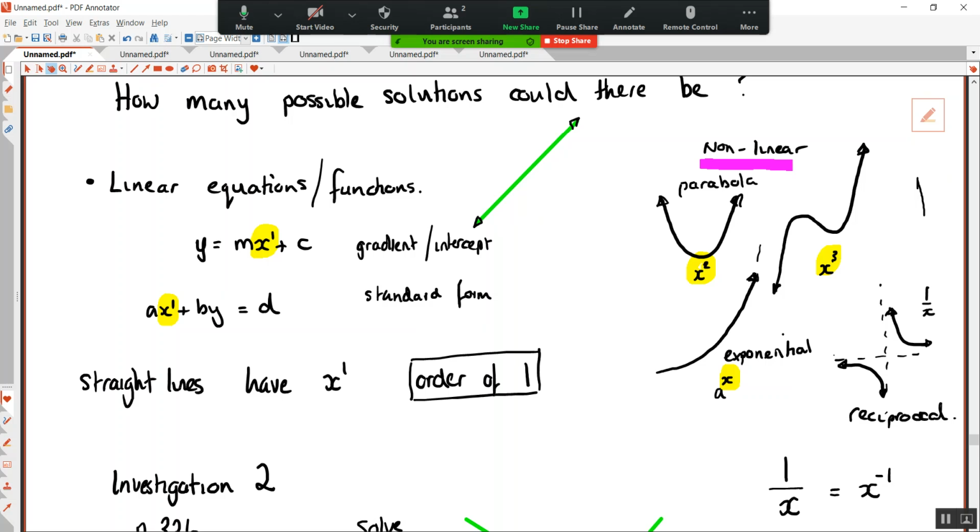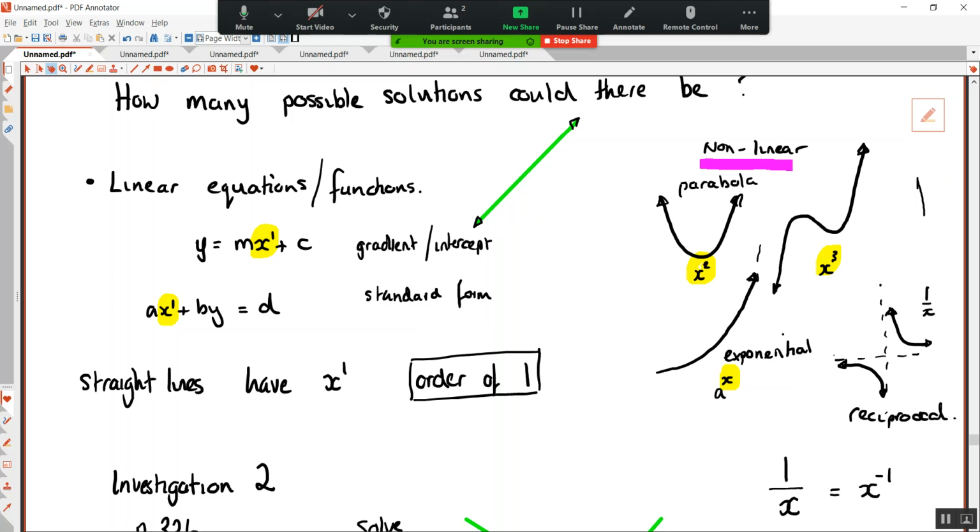So we said an x squared is an order 2, and that will not be straight. x cubed is an order 3, will not be straight. Okay, does that make sense at that stage? Okay, so we're only talking at the moment about linear equations and how many solutions they might have.